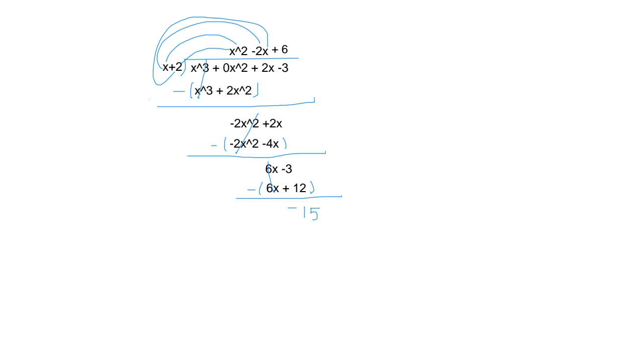In this case, let me circle the divisor. You see the divisor is linear, x plus 2 is a polynomial of degree 1. So the remainder is a polynomial of degree 0. Does that answer your question? Thank you. You're welcome. Any other questions?